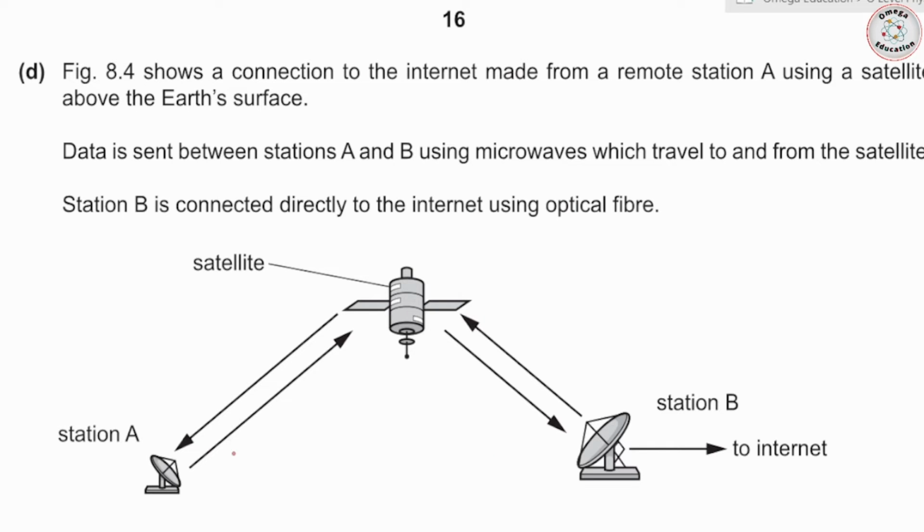It's not easy to send data directly between the two stations because of those hindrances. Rather, we are sending the data to the satellite. So station A sends the data to the satellite, and then the satellite transmits the data to station B. Station B is connected directly to the internet using optical fiber.